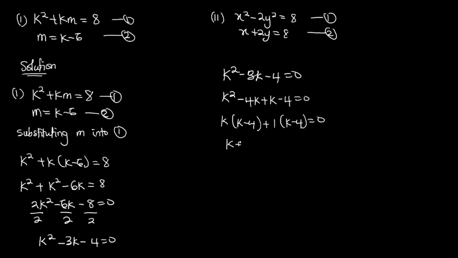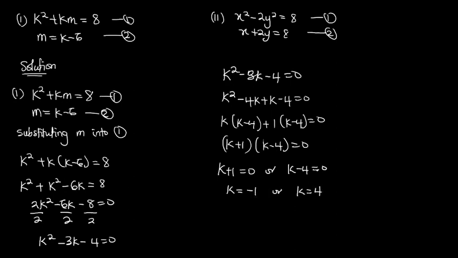So I have k plus 1 into bracket, then I bring one of the repeated roots, k minus 4 is equal to 0. So if I equate this to zero, I have k plus 1 is equal to 0, or k minus 4 is equal to 0. So over here, I'm going to have k is equal to negative 1, or k is equal to positive 4.